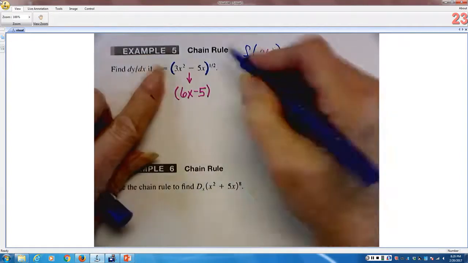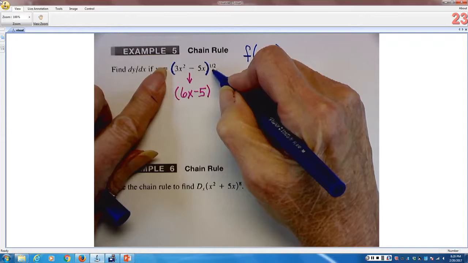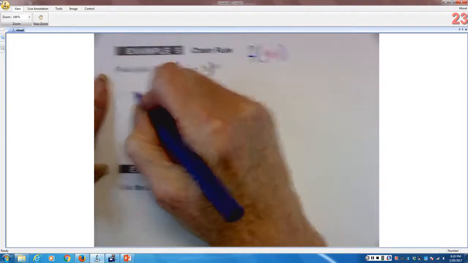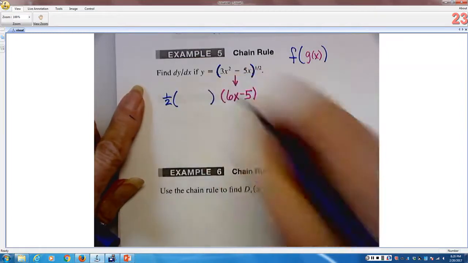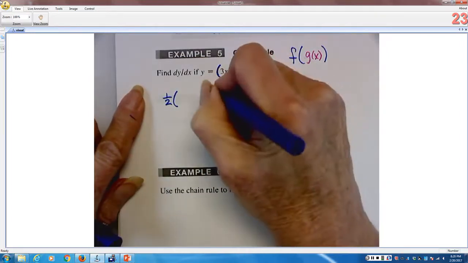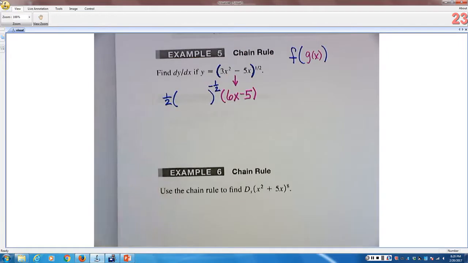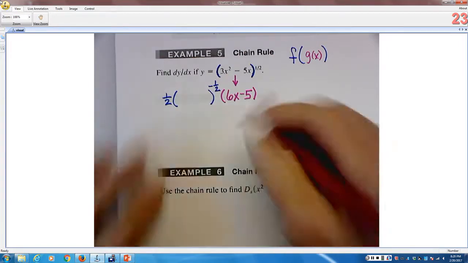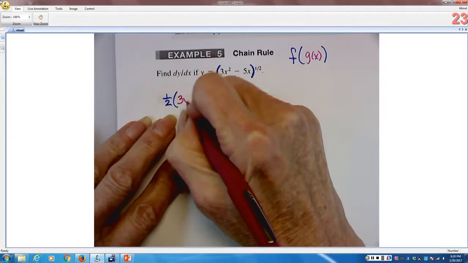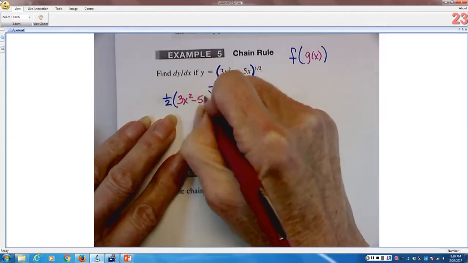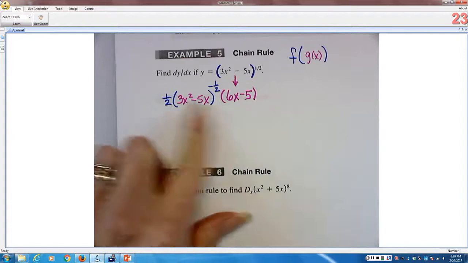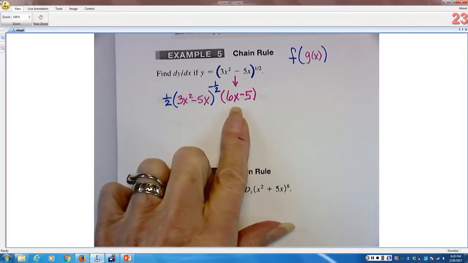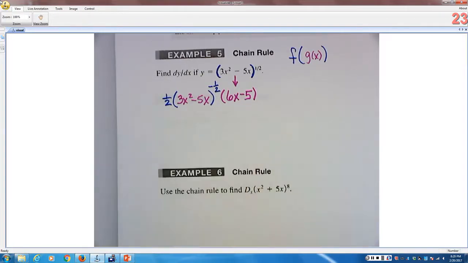But since this is the outside, what I need to do is bring the 1/2 out front and reduce that power by 1, which makes it negative 1/2. But I leave g of x inside of it. Okay? Derivative of the outside, derivative of the inside. Done. You're finished. That's it.